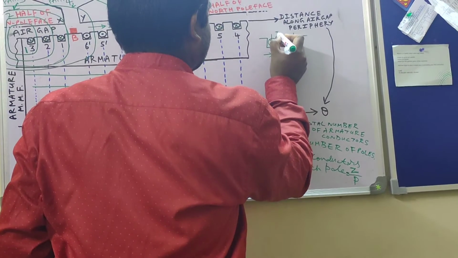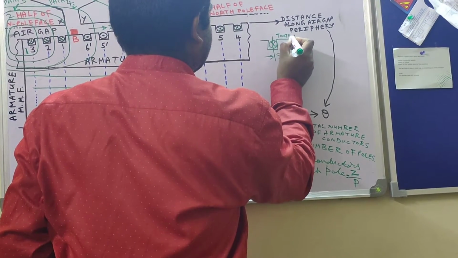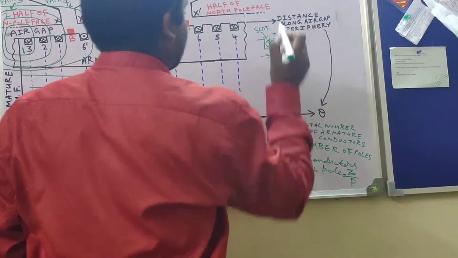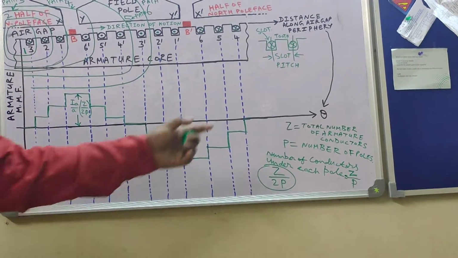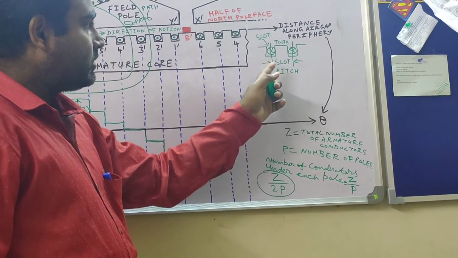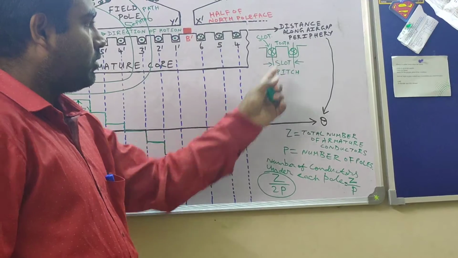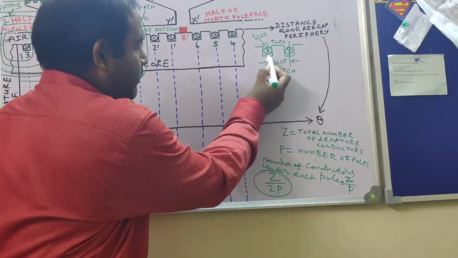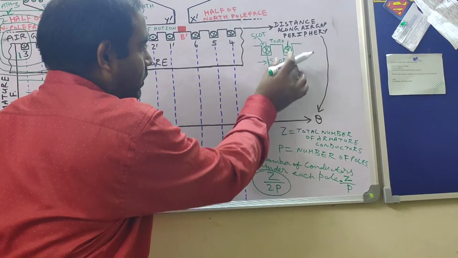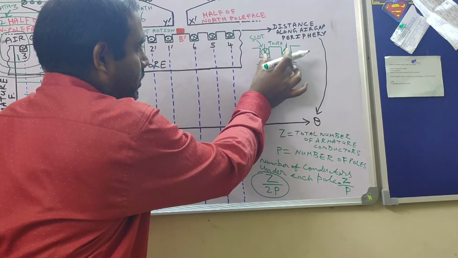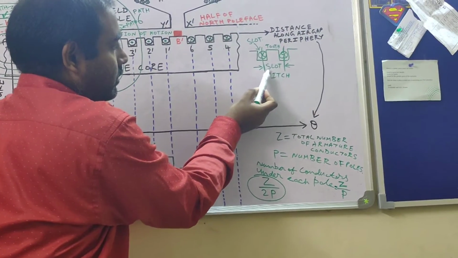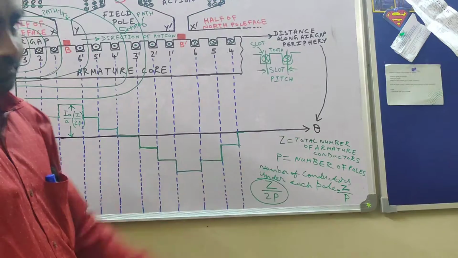So what is one slot pitch? One slot pitch is the distance taken over one tooth and one slot. Half of the slot portion is taken from here and another half of the slot portion is taken from here. So this is the distance over one slot and one tooth. This is one slot pitch.